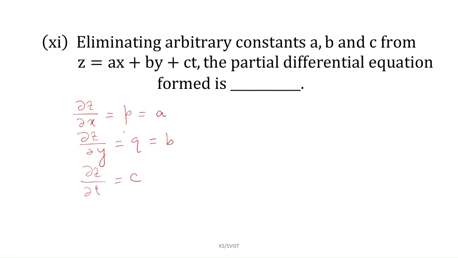Now substituting the values of a, b and c in this equation, we get z equal x del z del x plus y del z del y plus t del z del t. So the partial differential equation formed is this.